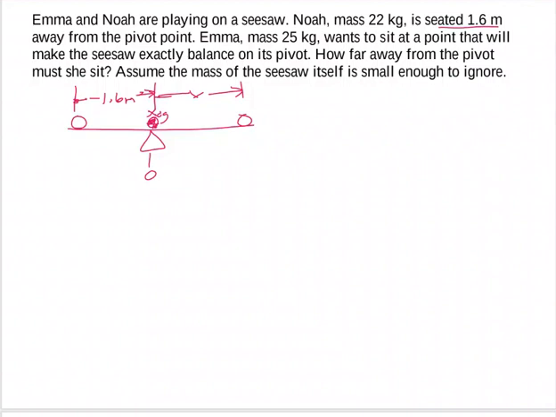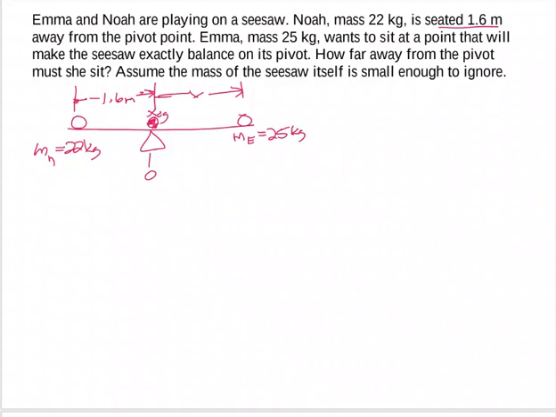Now we want Noah over here. So the mass over here, maybe I can say mass of Noah is what? 22 kilograms. And over here, mass of Emma was 25 kilograms.